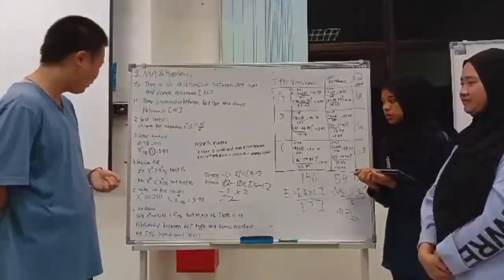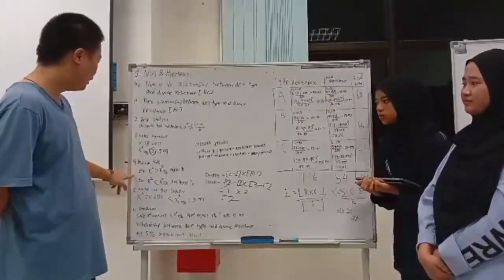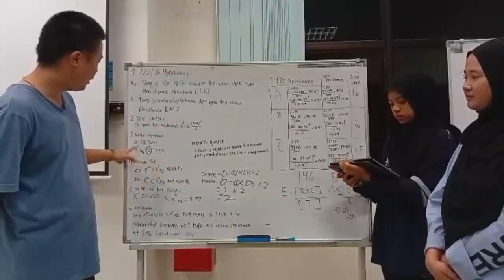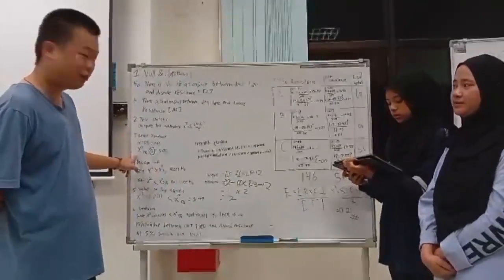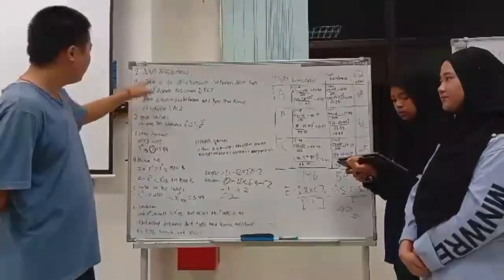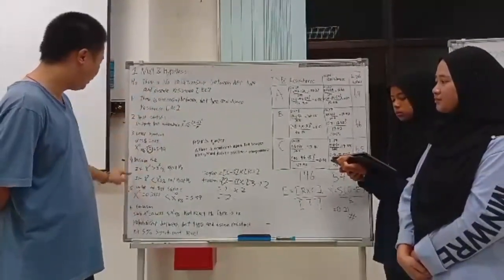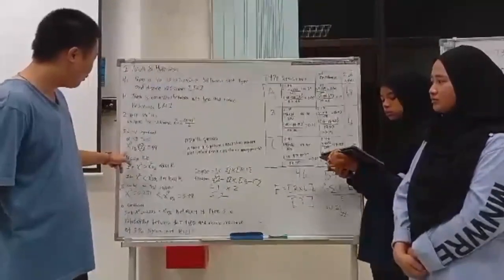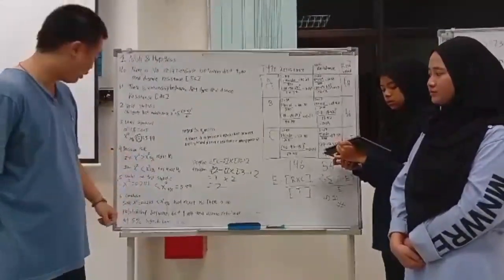So for the fourth step, which is the decision rule, if the chi-square test of independence value is greater than the cutoff value of the level of significance, we will reject the H0. If the value is smaller than the cutoff value, we will not reject the H0.